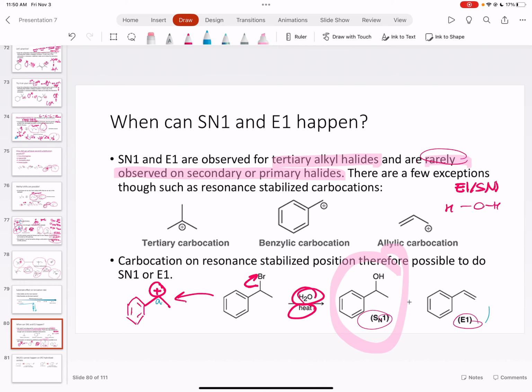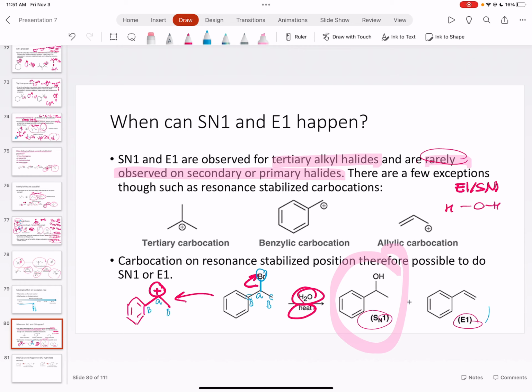So in here we have our alpha, and then here we have our beta. Remember that alpha is the one that is carrying that halide, and there are beta carbons, they have hydrogens. So we need a beta carbon with hydrogens to be able to do an elimination reaction. My beta on my left doesn't really have any hydrogens, right?